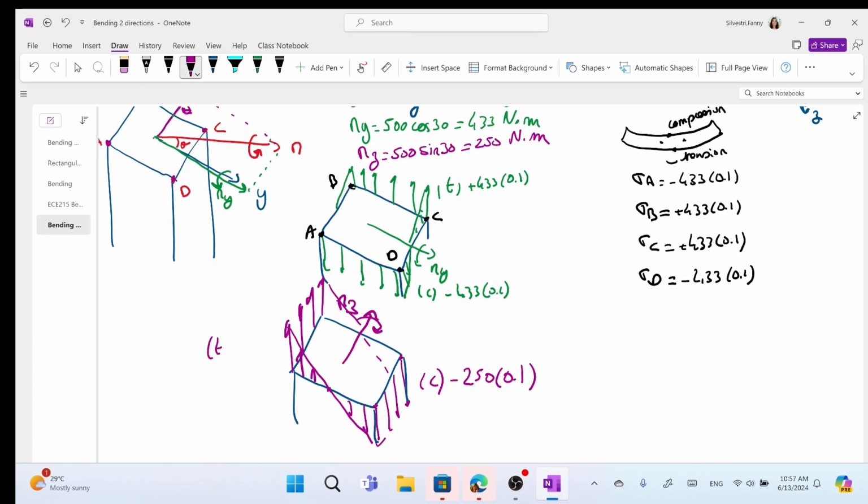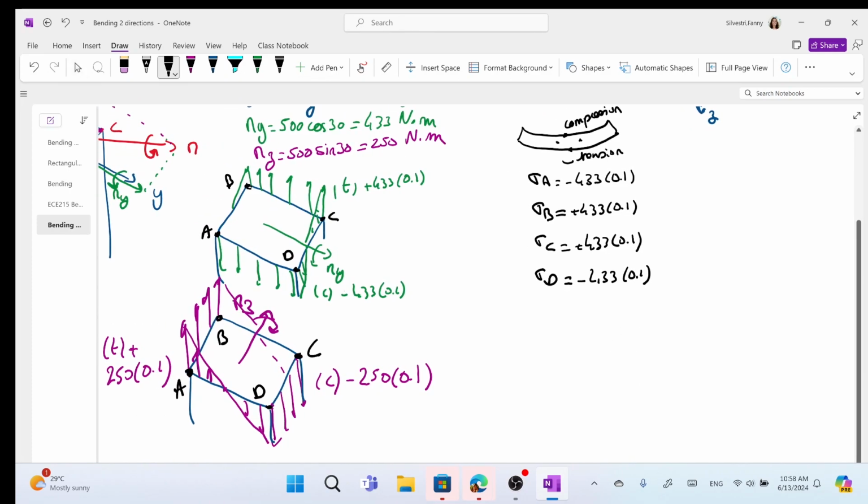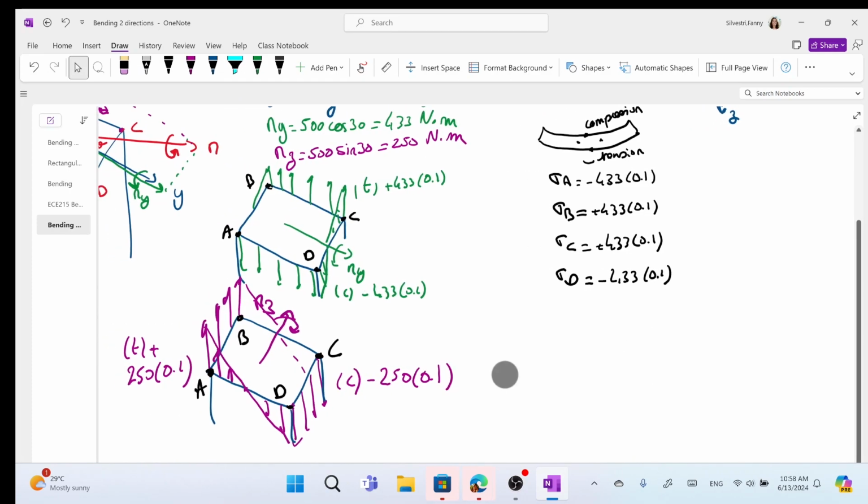And this one they are in tension, so that's a plus 250 times 0.1. Okay, and the points again, this is A, B, C, and D. So now we can add those stress.